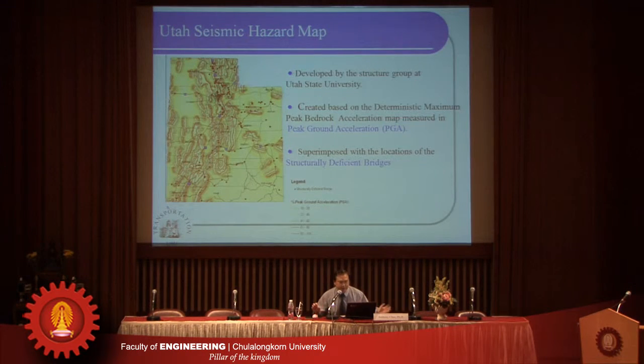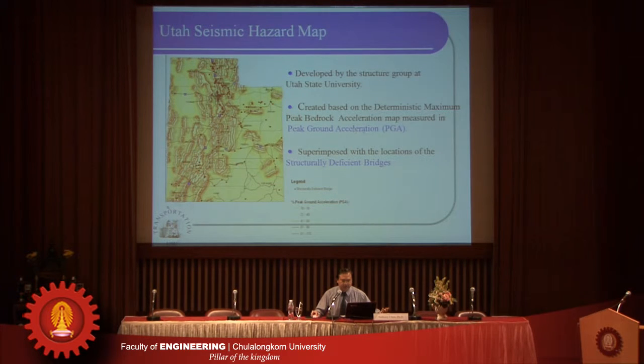And to define the scenario, we have to overlay this on the seismic hazard map, because we are doing this for the earthquake scenarios. We obtained the seismic hazard map from our colleague in the structure group at Utah State.